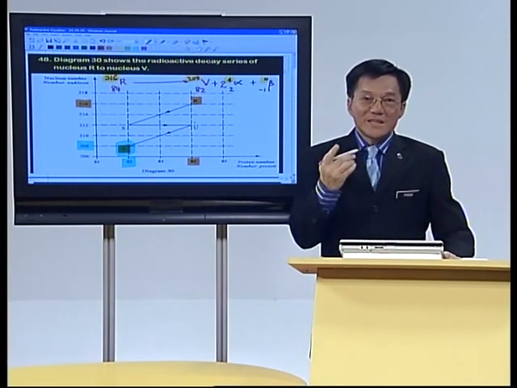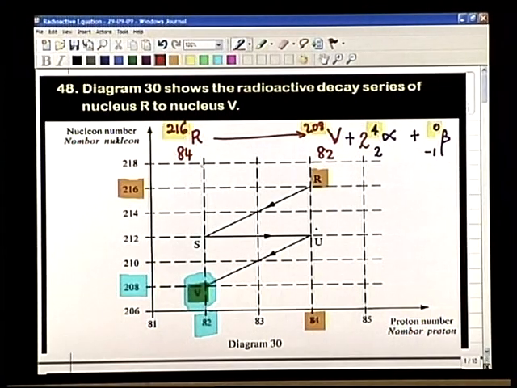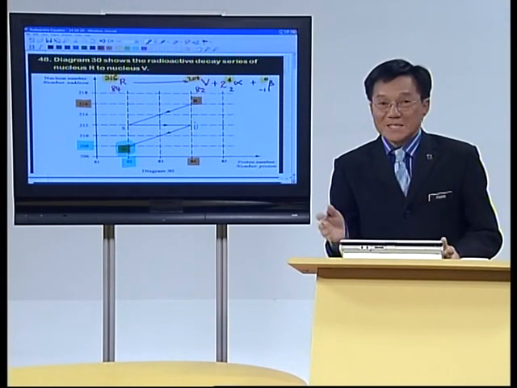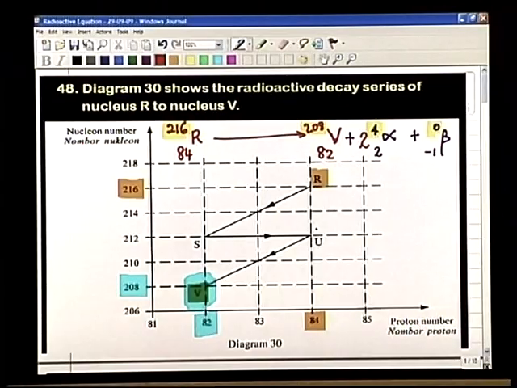Alright, let us now look at the proton number section. For R, I have 84. V is 82. The total for the proton number must be equal to 84. So I have 82 here, good. Alright, I put a tick there, 82.